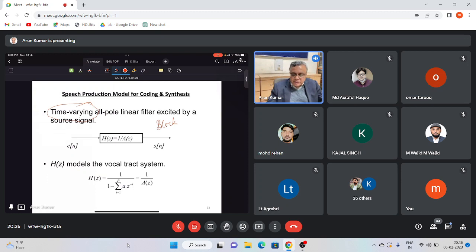That is, for a particular block or duration of time, which is typically 20 or maybe so milliseconds, it is assumed to be fixed. So we estimate the transfer function for that duration of time. So H(z), which is equal to 1 upon A(z), an all-pole filter, models the vocal tract system.